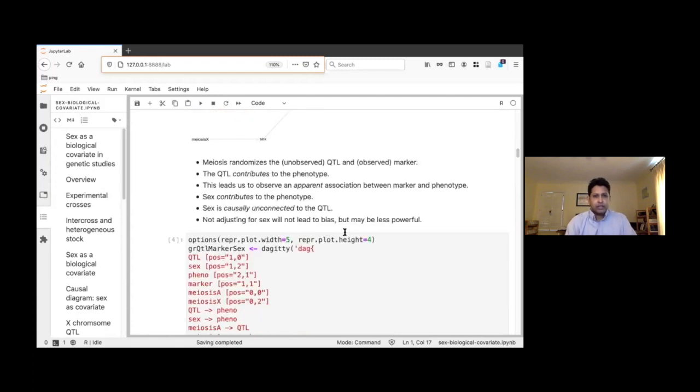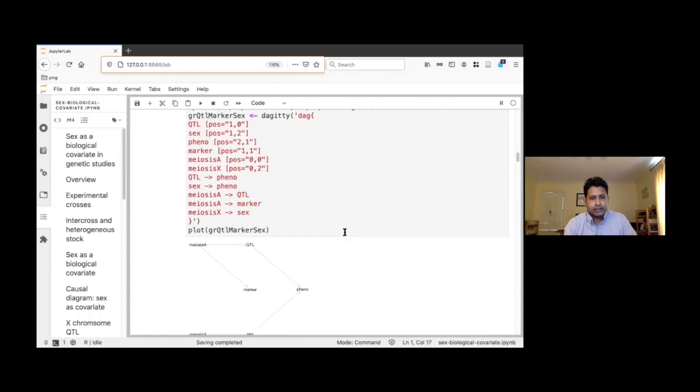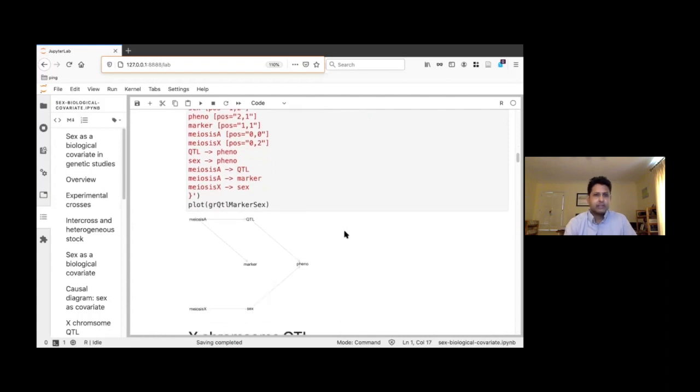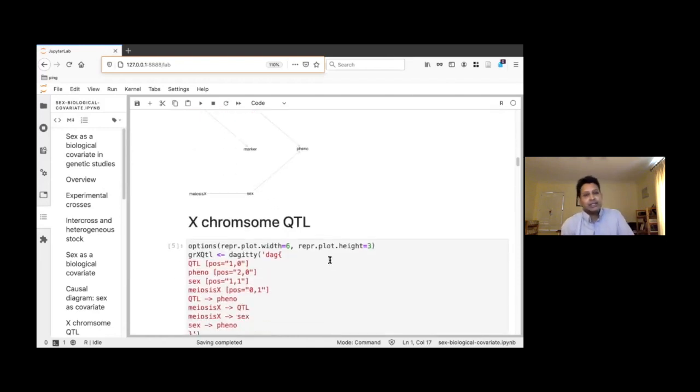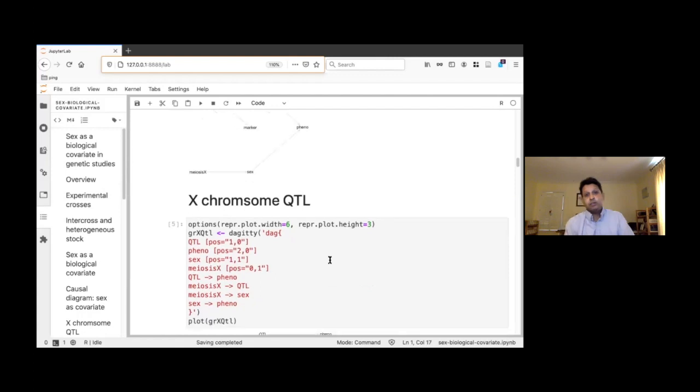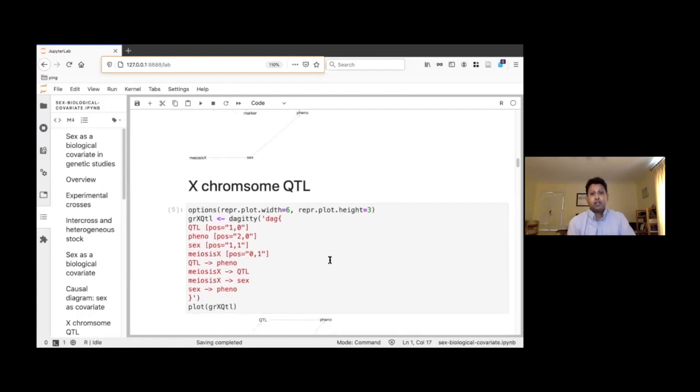Okay, so now let's look at a more complex scenario where I put in the marker just to emphasize that we don't directly see the QTL, but we are really seeing the marker, but I think we can neglect that for a second. Now let's look at the case when we do have a QTL on the X chromosome.